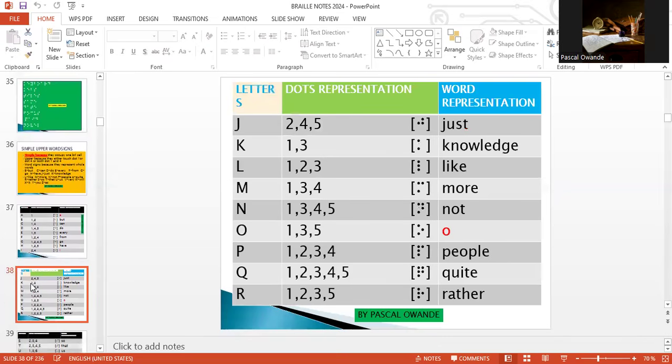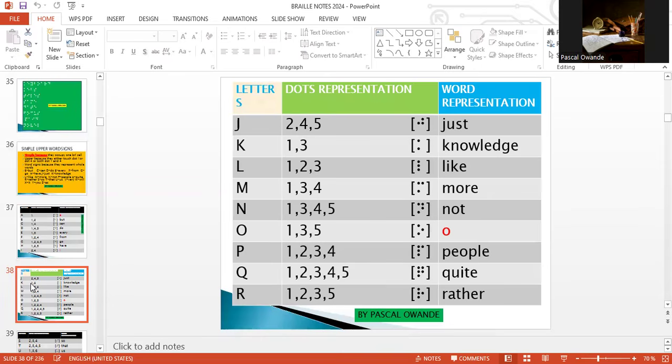Then we have letter J, which is dot 2, and dot 4, 5. The word representation is just. Then we have letter K, dot 1, dot 3, giving us the word knowledge. We have letter L, dot 1, dot 2, dot 3, word representation like.